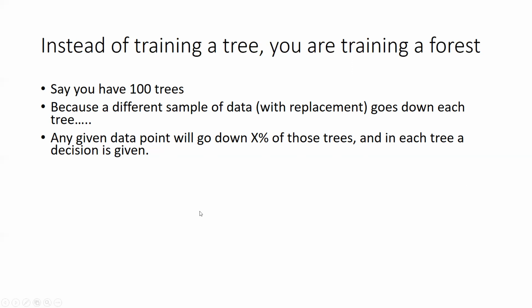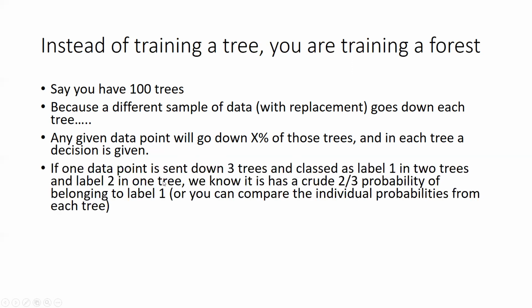Now, if the same data point was used as out of bag to test all the structured trees, there'll be a different decision each time. And we're just going to bring those together. So if one data point is sent down 3 trees and classed as label 1 in 2 of those trees, and was classed as label 2 in the 3rd tree, we know that it has accrued 2/3 probability of belonging to label 1.